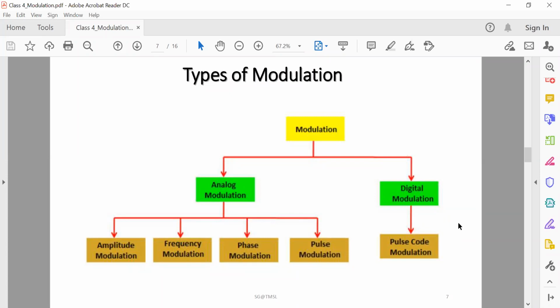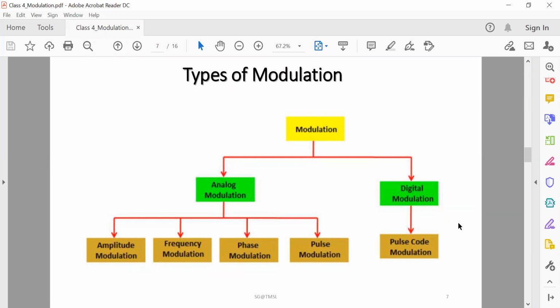Okay, and it depends on the available bandwidth and the permissible power. High bandwidth is required, and power will be high. Also in digital modulation, the modulating or message signal is converted from analog to digital.